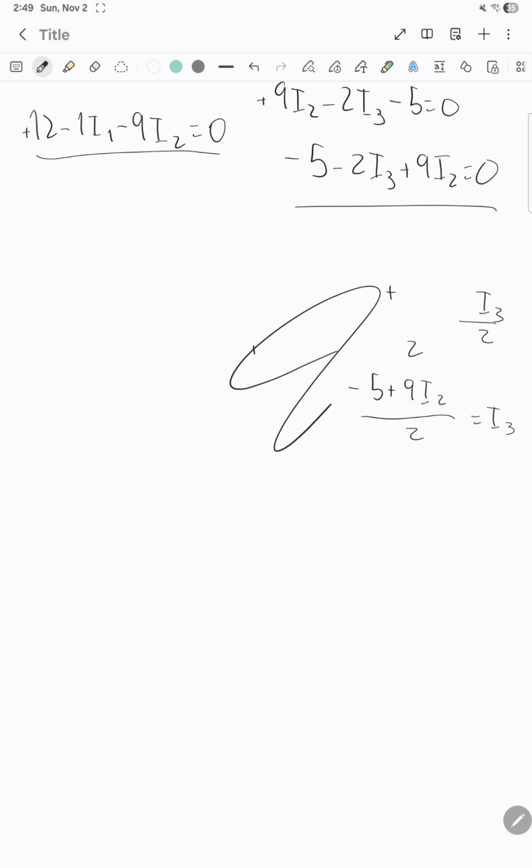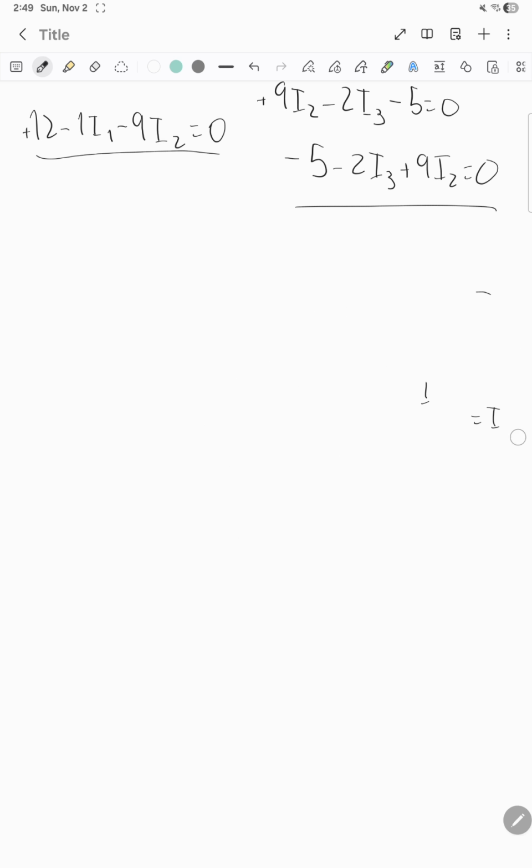So to find I1, I2, and I3, to find the current, you have to do a system of equations. And so you'll get I1 is equal to 3 A, I2 will be equal to negative 2 A, and I2 will be equal to 1 ampere, and I3 will be equal to negative 2 amperes.